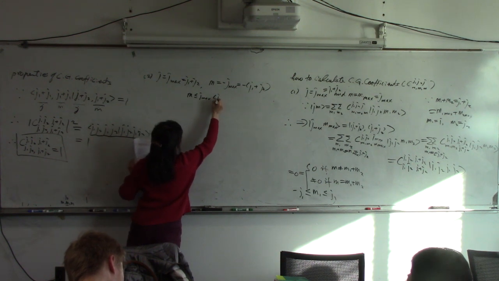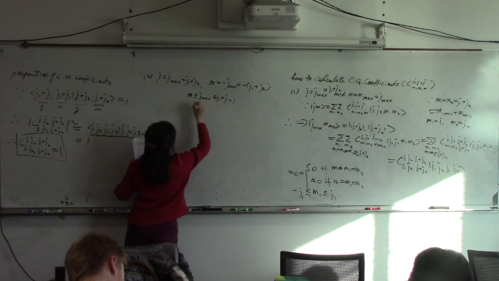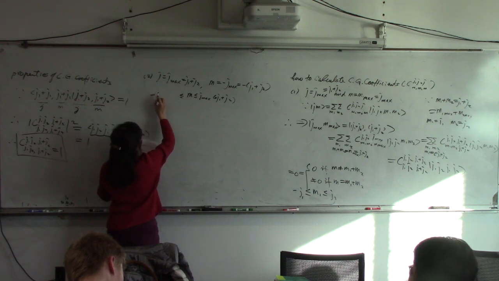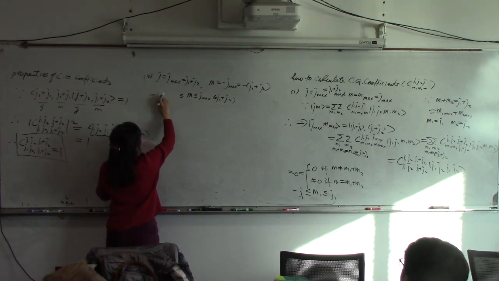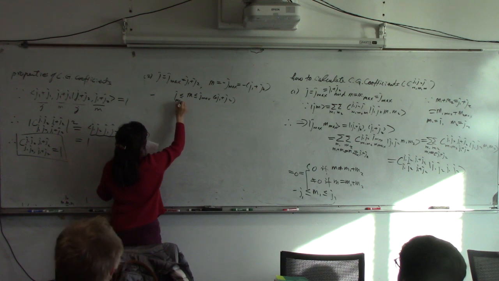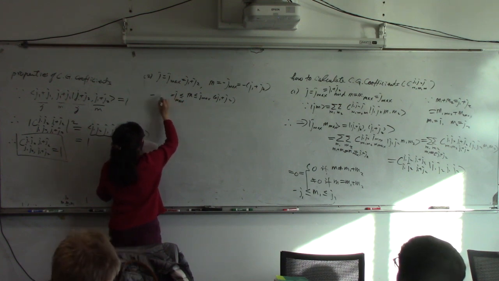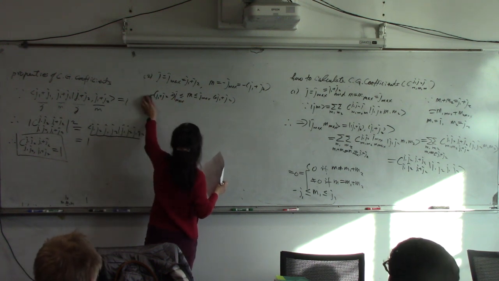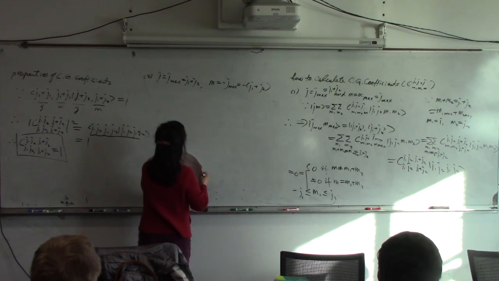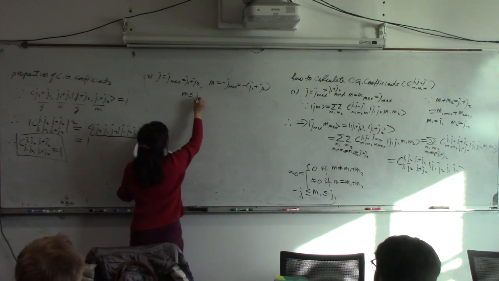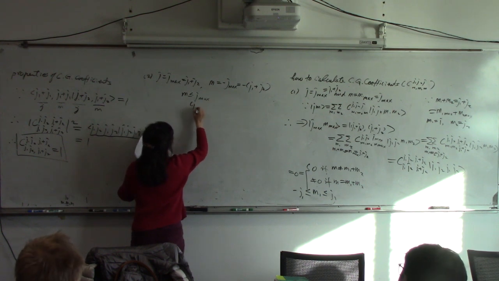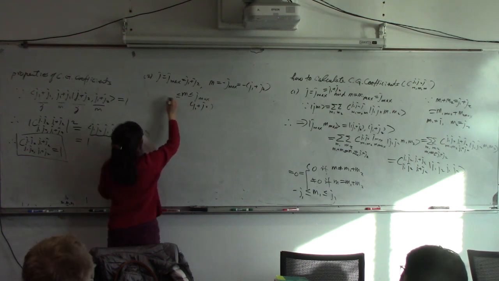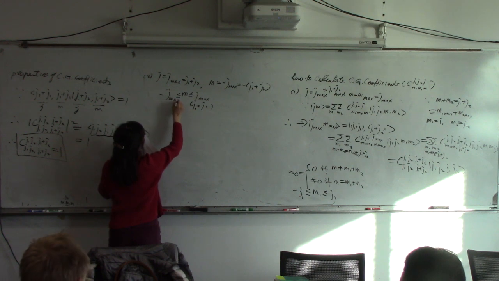So because we know the M value, which is J equal to J max, and now this is negative J max.